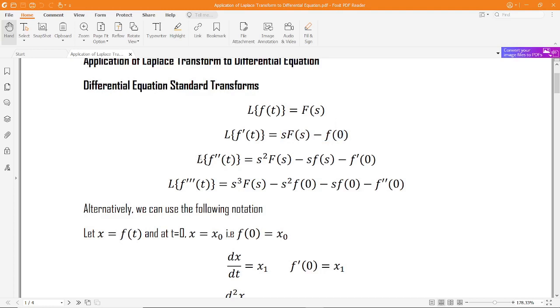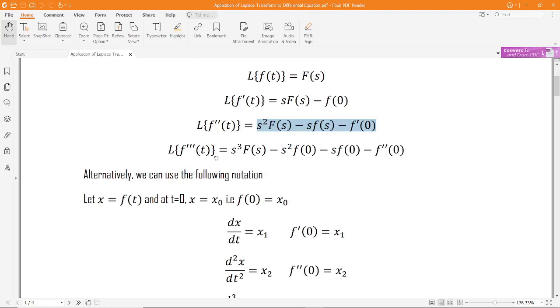Now, for the second derivative of the function of time, the Laplace expression is this. These are standard expressions. And for the third order differential of the function of time, to get a Laplace equivalent, the transform is this. And for the fourth, you can just evaluate that from here.